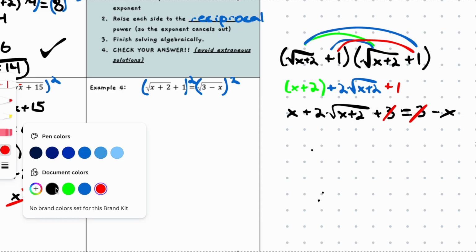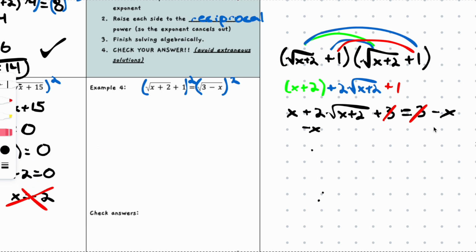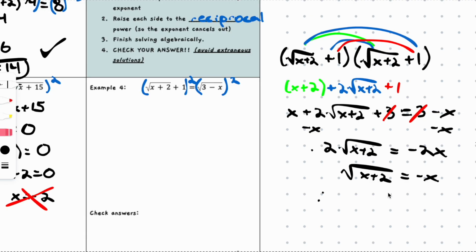And then we want to subtract x from both sides, and we get 2 times root x plus 2 equal to negative 2x. We divide by 2. We get root x plus 2 equals negative x.